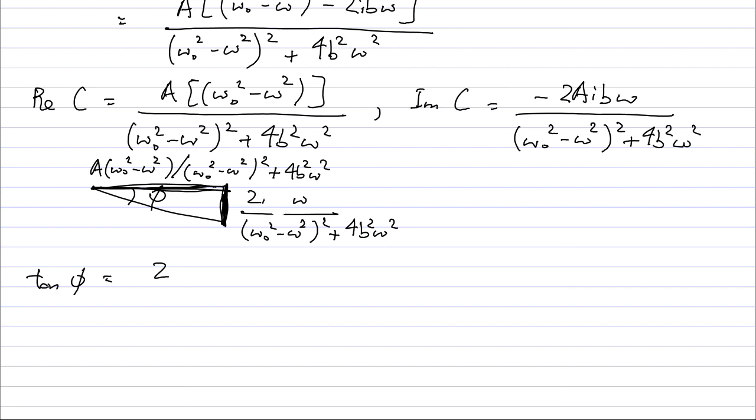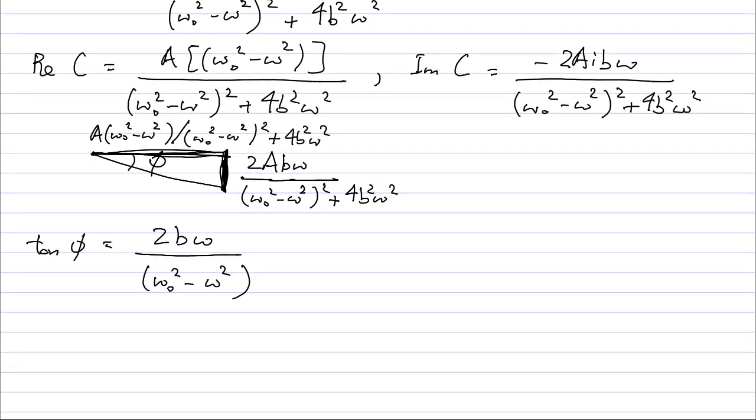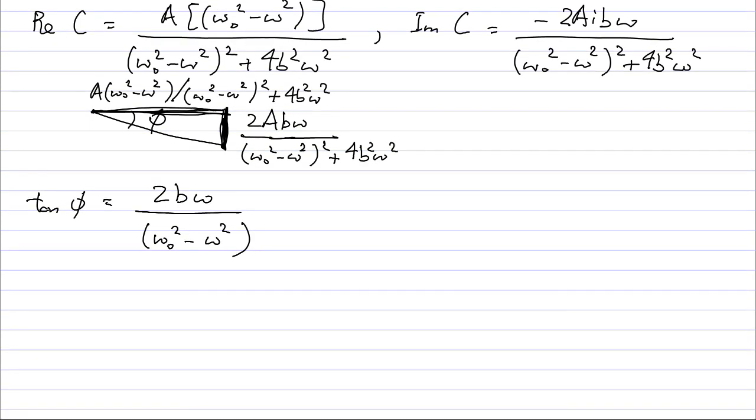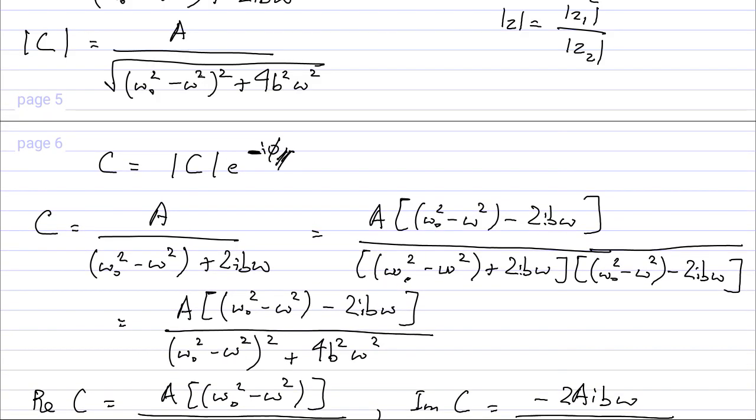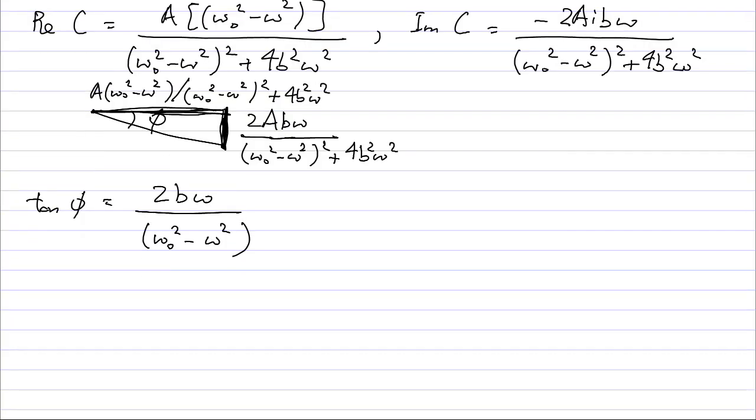So I should get 2aβω. So when I take the ratio of the two, I'll have 2βω over ω₀² − ω², right? So this φ is essentially this φ, remember. So that's what we have.